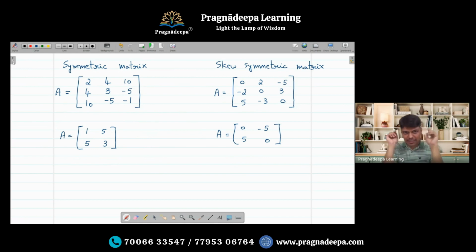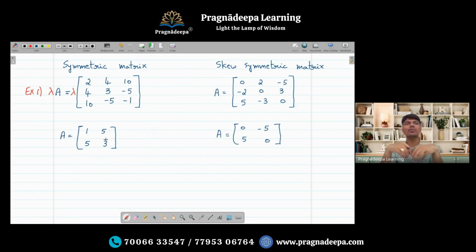There is one property of symmetric and skew symmetric matrices, and I'm connecting it to today's concept. Today did we learn scalar multiple? Suppose you multiply a scalar to a symmetric matrix, the matrix still remains symmetric. For example, this matrix A, let me call it example 1 for understanding purposes. Is example 1 a symmetric matrix?